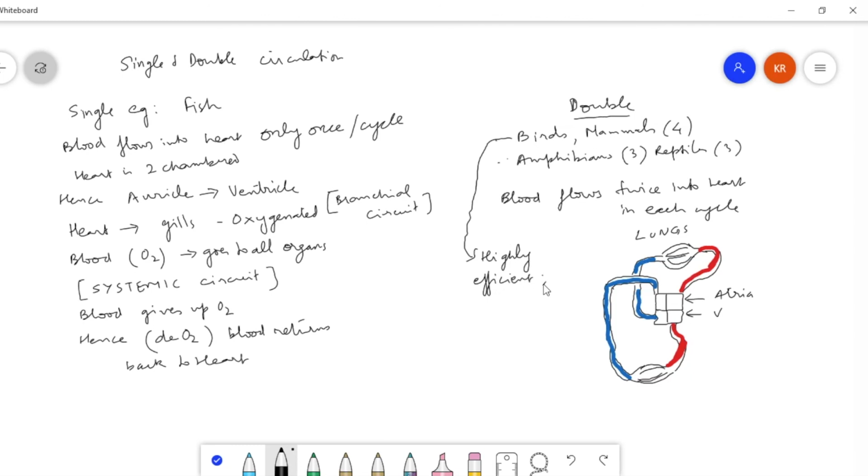However, what it means is that the heart has to continuously work. Heart is continuously working. That means more energy is required. And therefore they have to continuously eat food.